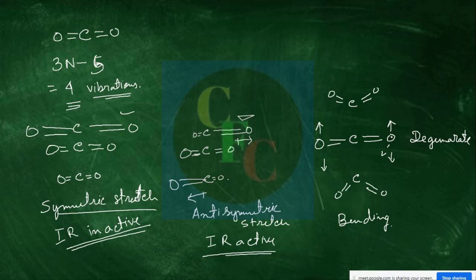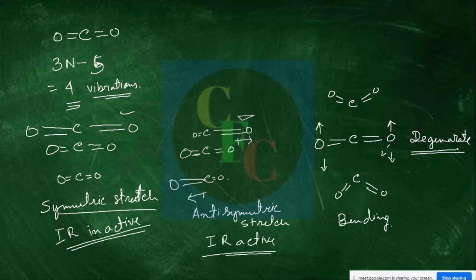They are different motions, and they are different vibrations, but they give rise to the same energy. That's why we say that they are degenerate. We have already discussed this term before, right? So these are the 4 vibrations of a triatomic molecule, but which is linear.